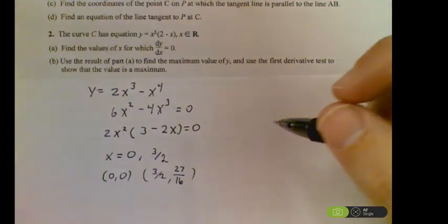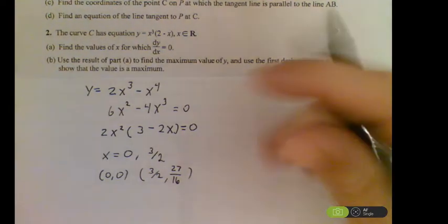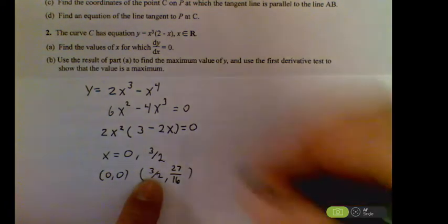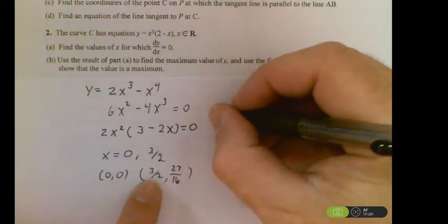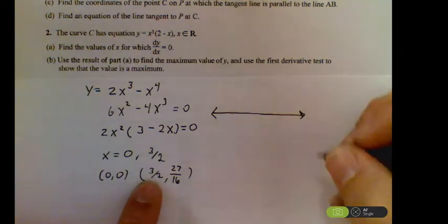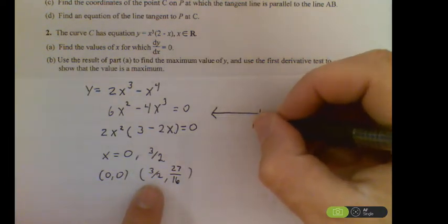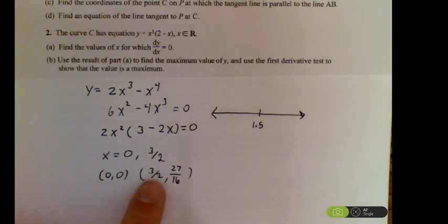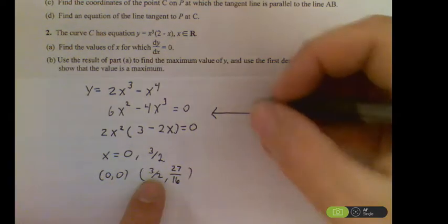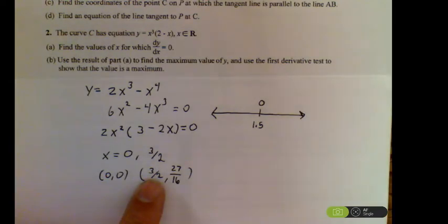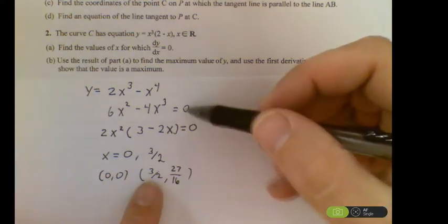So show that it's a maximum with the first derivative test. That just means we want to test the numbers surrounding this guy. So I'll use a little number line to show the work for it here. So if this is 1.5, which is the one that we're testing right here, I know at that point I have a slope of 0, because of the work that we've done so far.